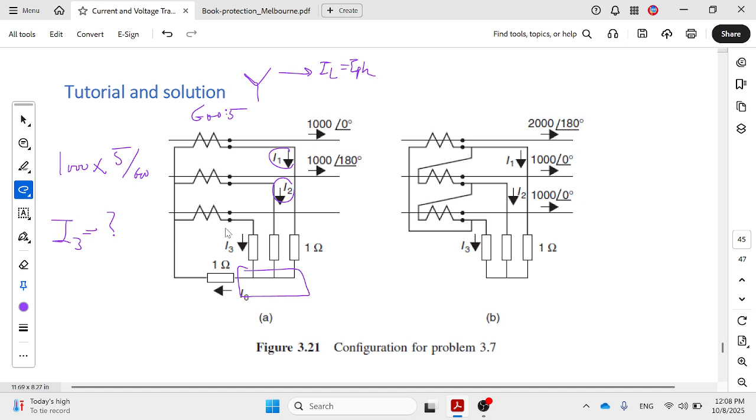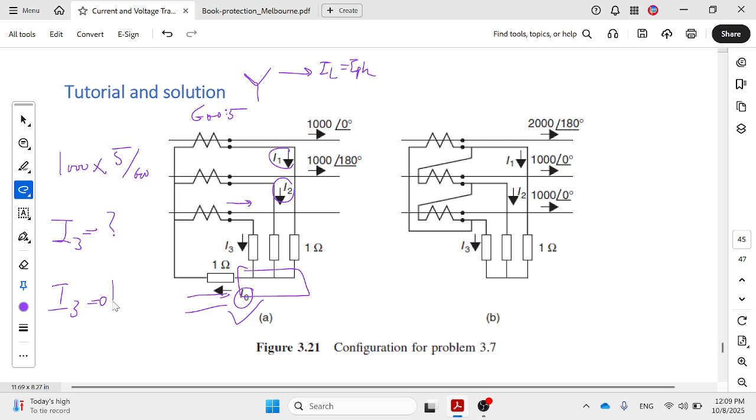Otherwise, there are two ways. You can set I3 as 0, since it is not given here. If you consider this as 0, then I0 has a value, and you should consider this value. Otherwise, you say this is a balanced system, and then I0 becomes 0.